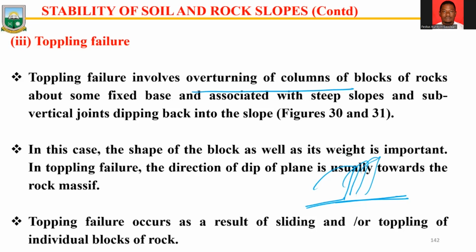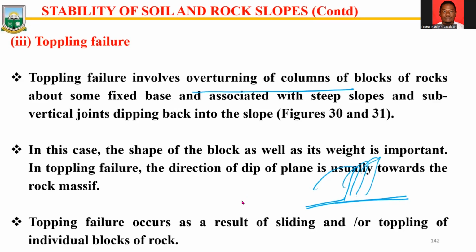So for example, if I have a crust that is being demarcated by a series of faults, then I term that a massive, and that is what we are talking about. So the direction of dip of plane is usually towards the massive. And then toppling failure occurs as a result of sliding and or toppling of the individual blocks.